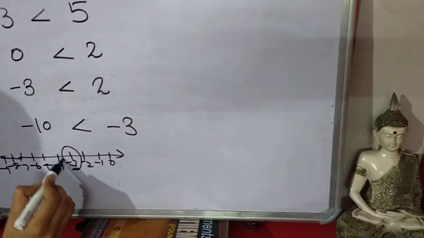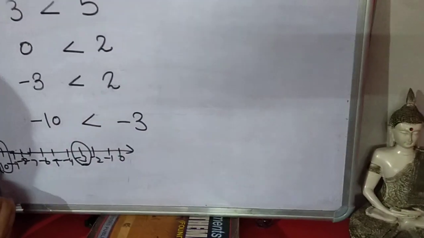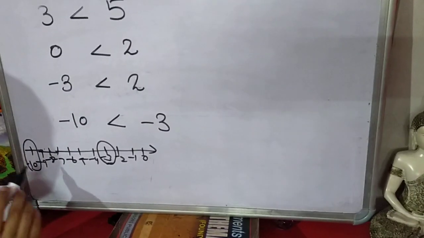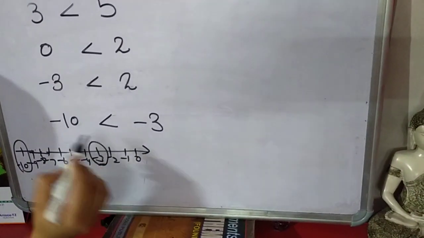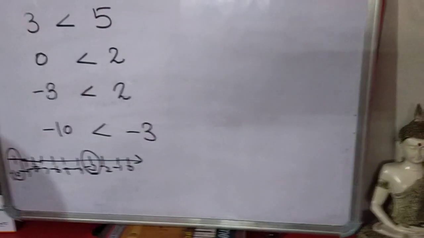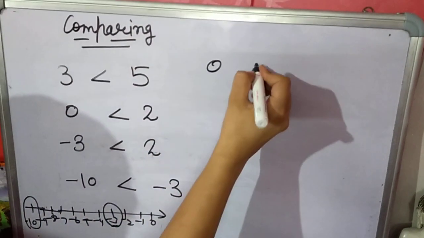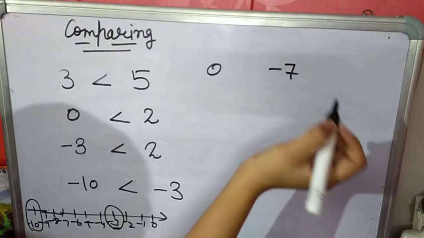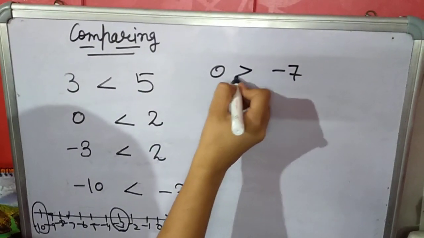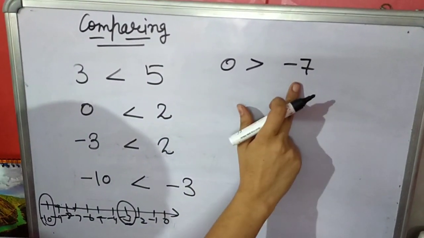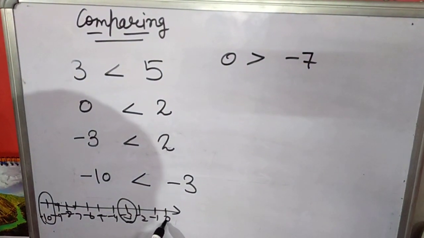Minus 3 is the big and minus 10 is the smaller number. When we compare 0 and any negative number, so always 0 will be big. 0 is bigger than negative number.